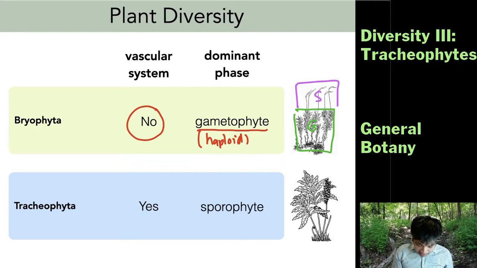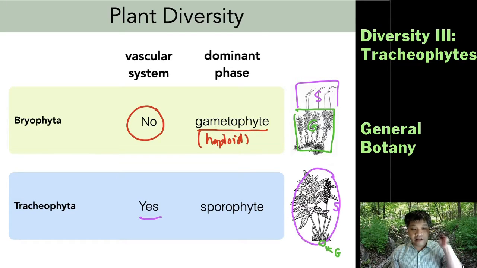But for tracheophytes, they start having a vascular system, and everything you see here is the sporophyte. The gametophyte is a little thing underneath the ground. The gametophyte generation becomes so reduced that you don't get to see much of it anymore.